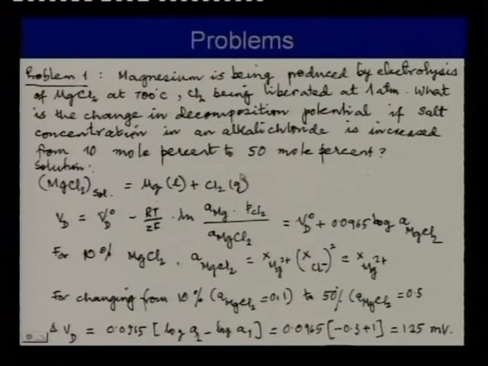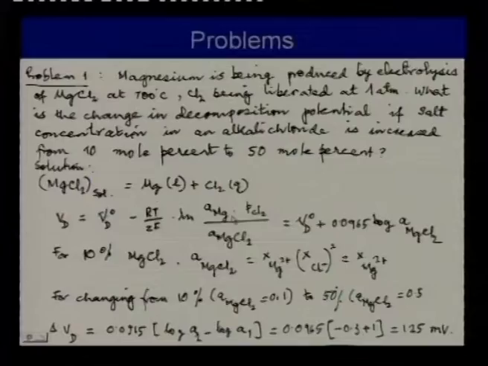Why is it important? Because in a given cell we are fixed. How do we increase the productivity? For that, a couple of methods are available. We can rearrange the electrodes in various manners, or you can use a fluidized bed cathode, where the effective surface area of the cathode becomes much larger.